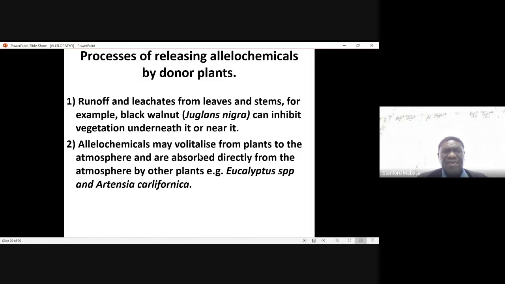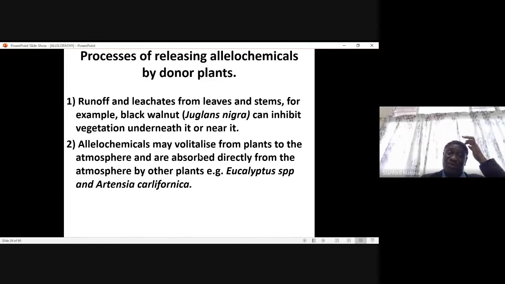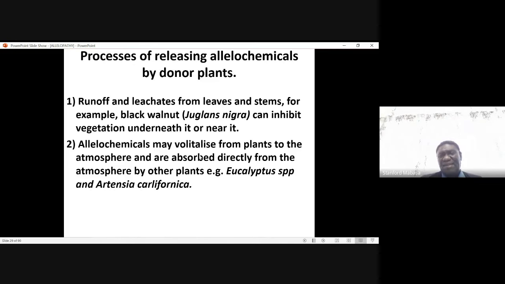Or the allelochemicals can volatilize from plants into the atmosphere. Sometimes we can detect the smell of some plants. This could probably be due to the volatilized allelochemicals. For example, this can be noted with eucalyptus species, which we are familiar with in Zimbabwe.